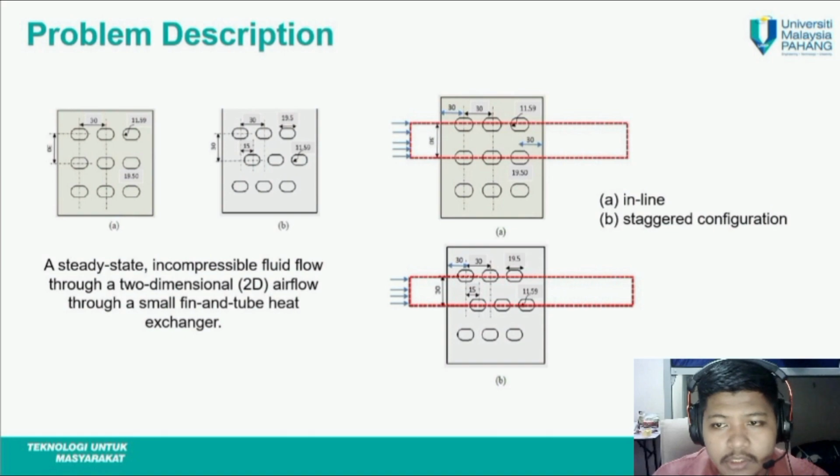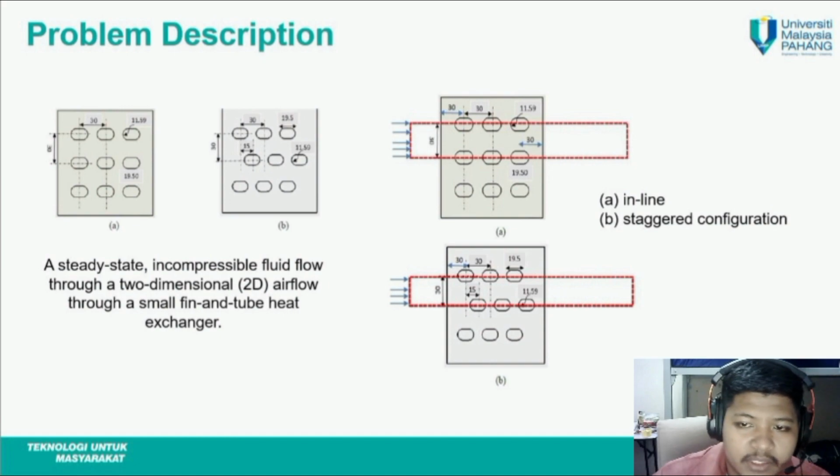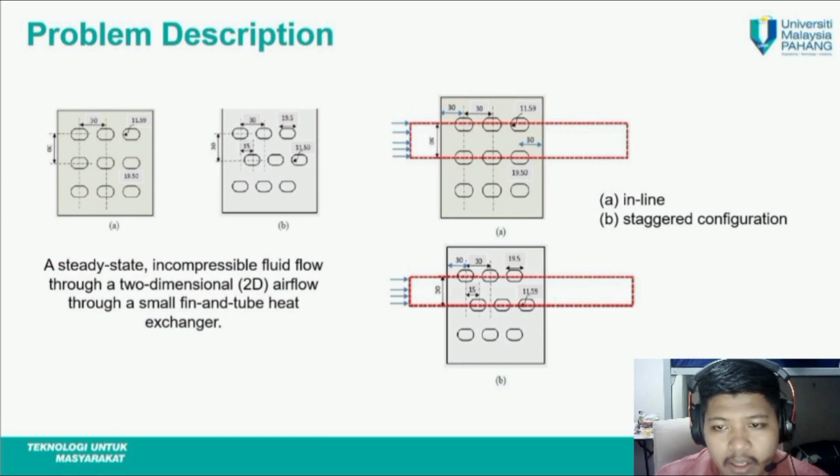The portions shown by the dotted lines in figure 2 can be chosen as the computational domain because of the symmetry of the geometries. To further verify that there is no flow disruption and the velocity profile is uniform when it reaches the fin and tube surface, the computational domain is additionally expanded by 1 time the tube transverse pitch, which is 30 mm.